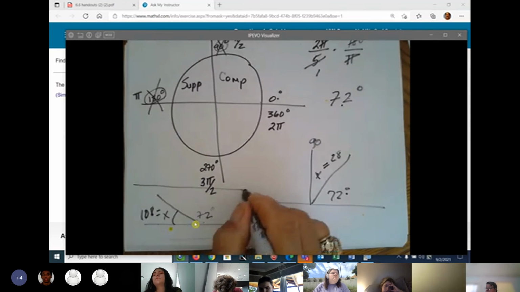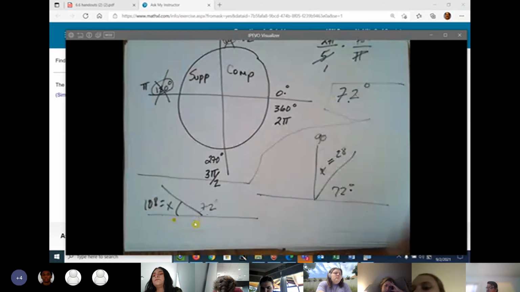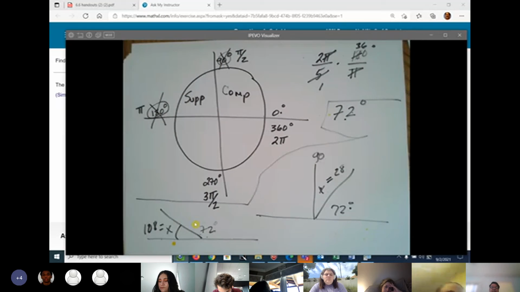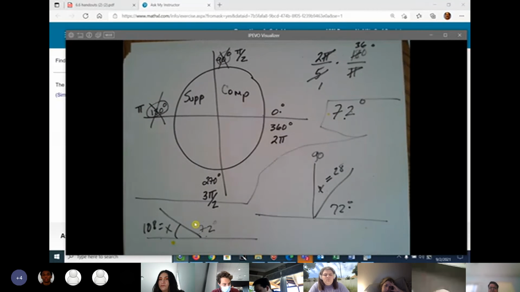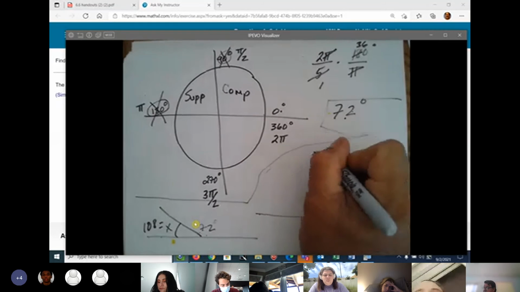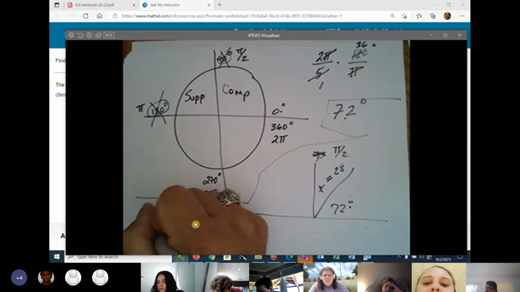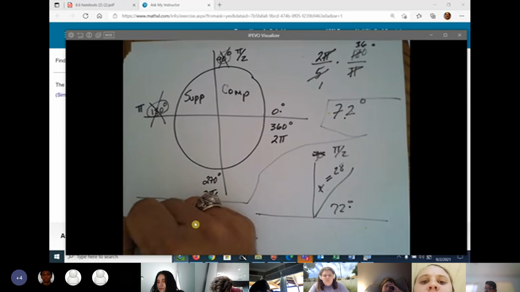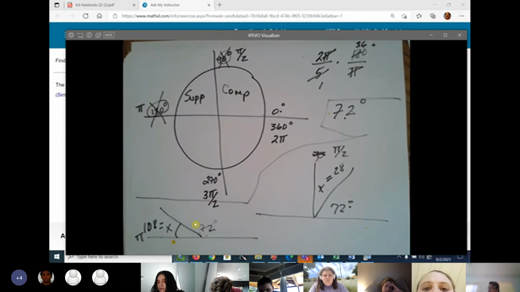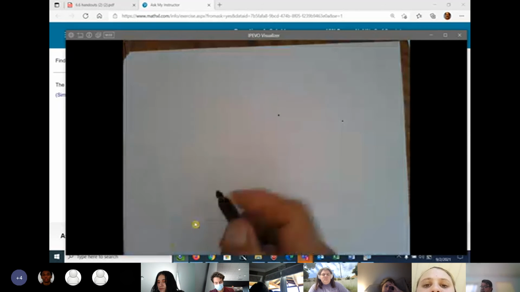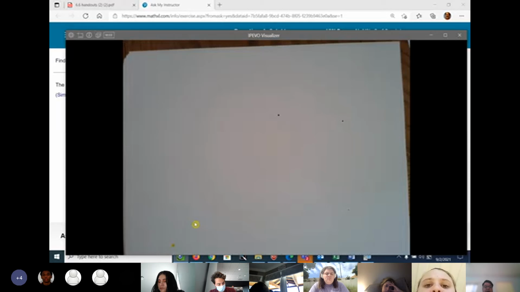Now that's how you do it with degrees. But how do you do it with those fractions? Well, you do it the same way. Now that you know how to do it, you do it the same way. Instead, this is pi over 2, and this is pi. So let's go back and let's draw it. I'm running out of black pen.